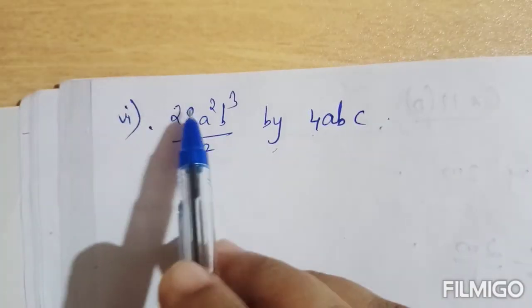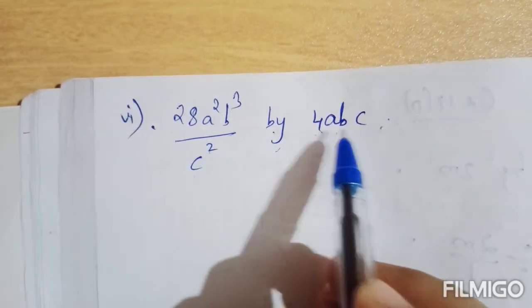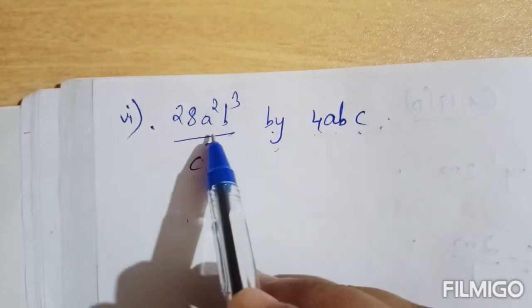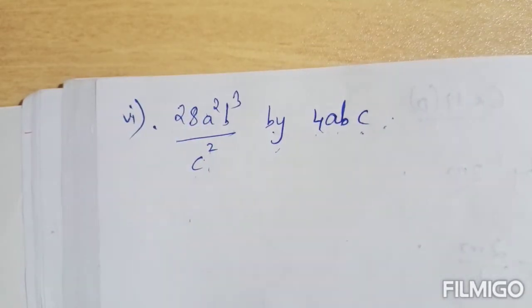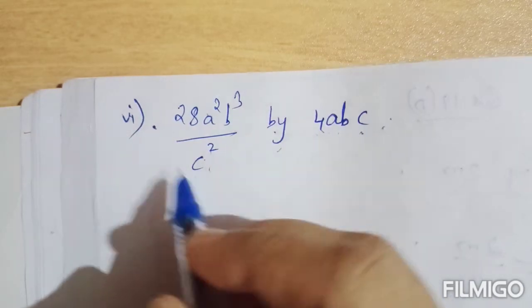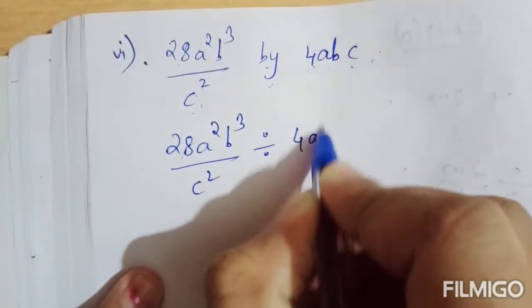Sixth one, 28a square b cube by c square by 4abc. So here this monomial is of the form fraction. So you can use division of fraction, that method. What we are doing for division of two fractions, the same we can use here. 28a square b cube by c square, you have to divide by 4abc.